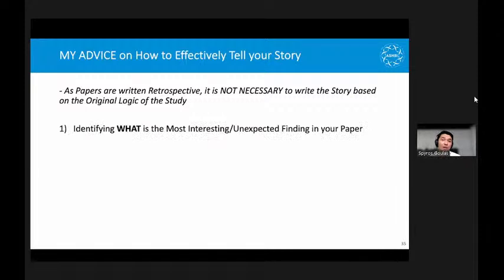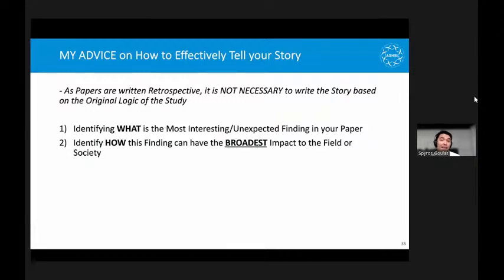It begins with identifying what is your key or unexpected finding in your paper. Then, determining how this finding has the broadest potential impact to the field or society. And then to build your story around this point.